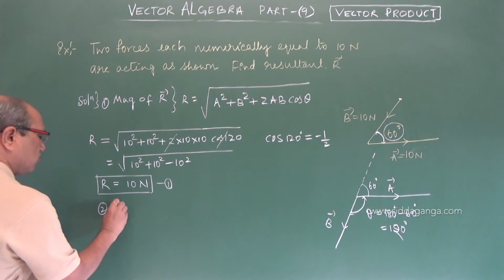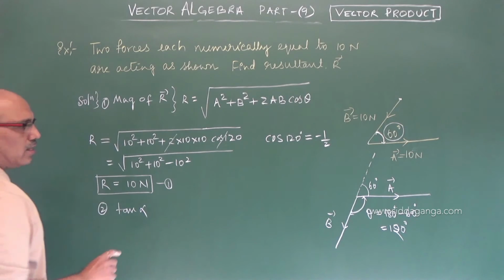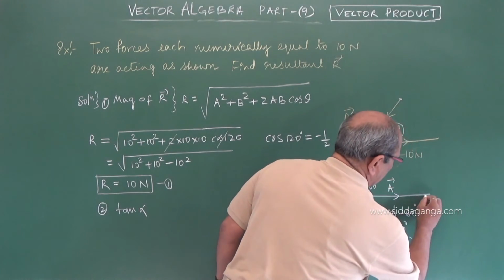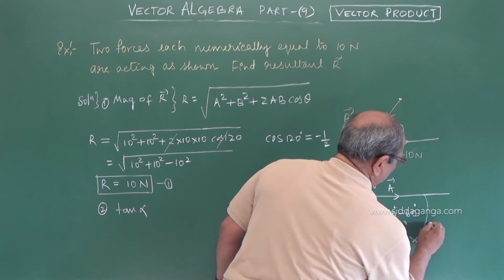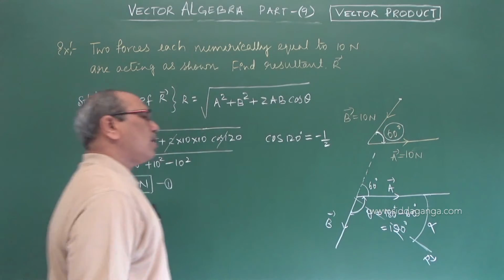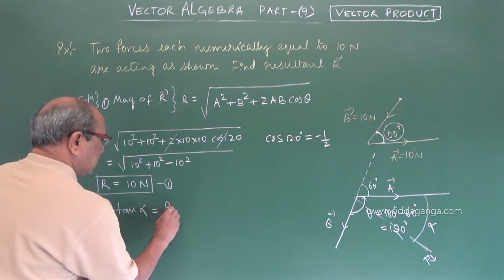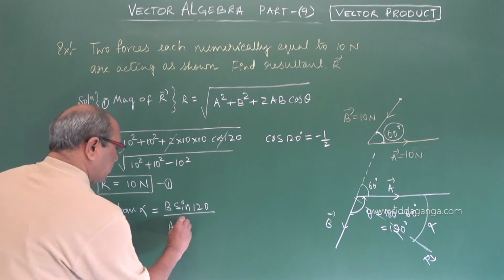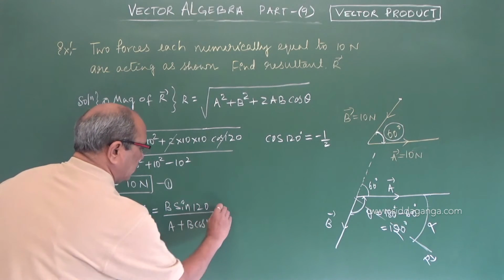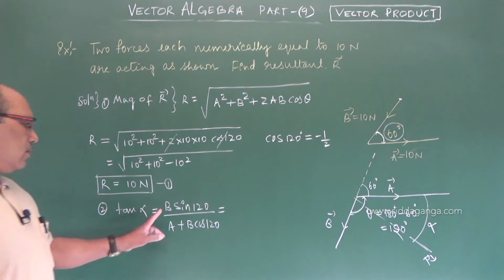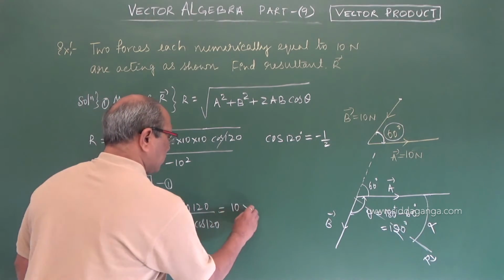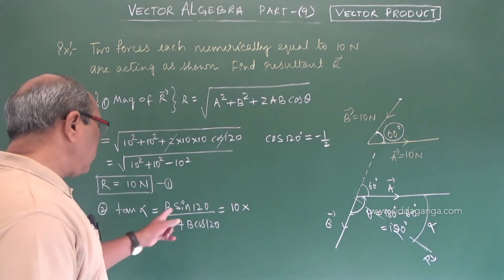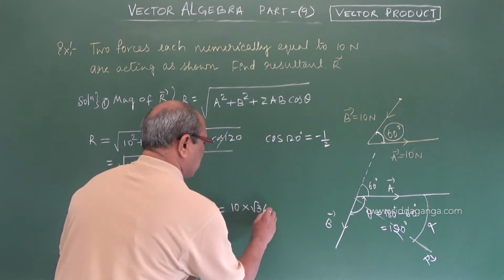The second step, if you want the angle, the angle made by the resultant, somewhere it may be going like this. The angle made by A with respect to the resultant is tan alpha equal to B sin 120 by A plus B cos 120. So B is 10, sin 120 is sin 90 plus 30, which is root 3 by 2.